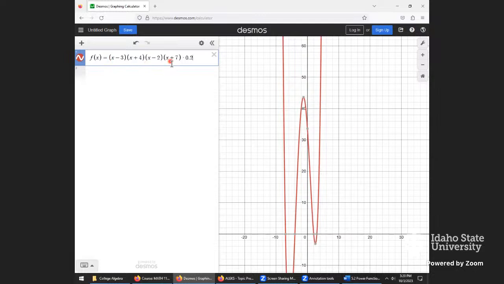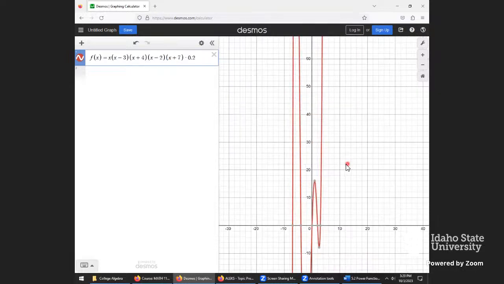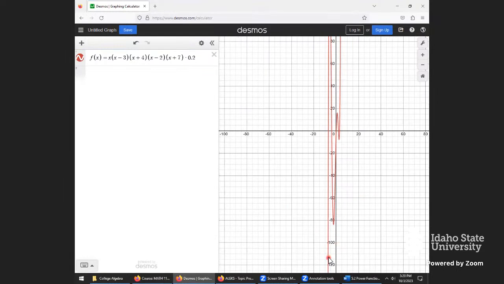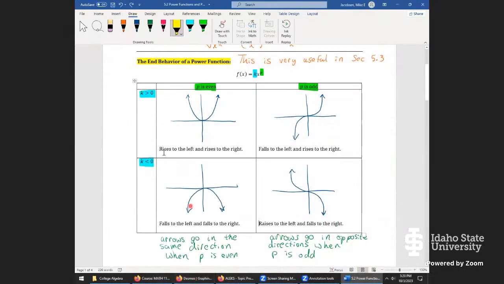So the arrows are still going upwards. Throw another x in, overall it's going to be degree 5. And now I have an arrow going, it's really hard to see, down on the far left, an arrow going up on the far right, but no idea what happens in the middle. All this table is going to tell us is the arrows on the left and the right, the end behavior. We have to sort out what happens in the middle in section 5.3, but we're getting there.